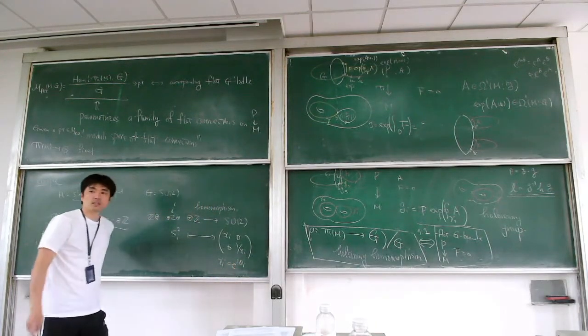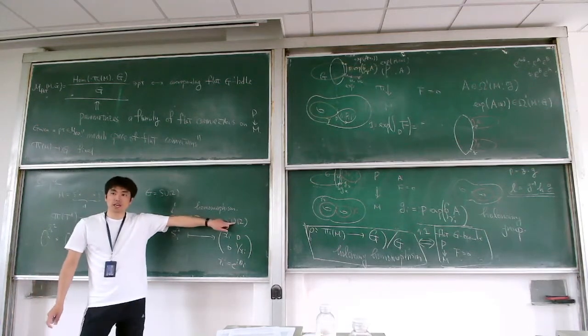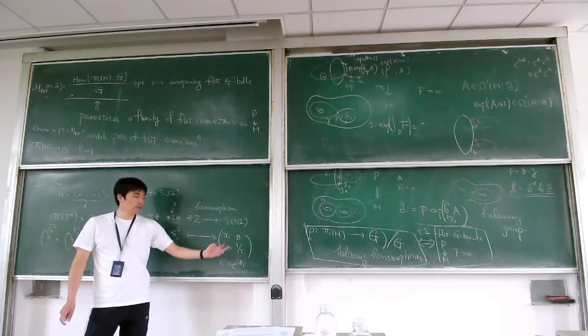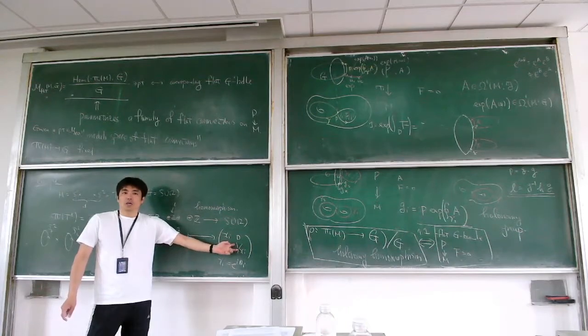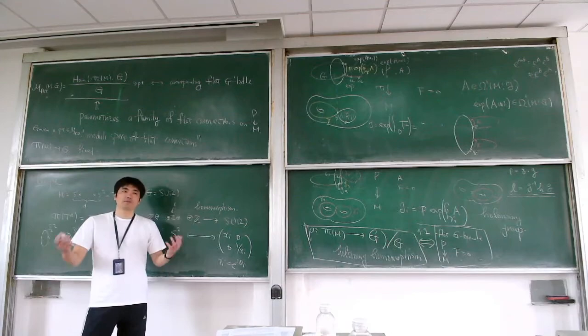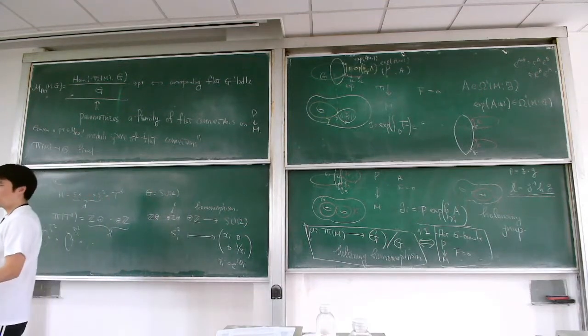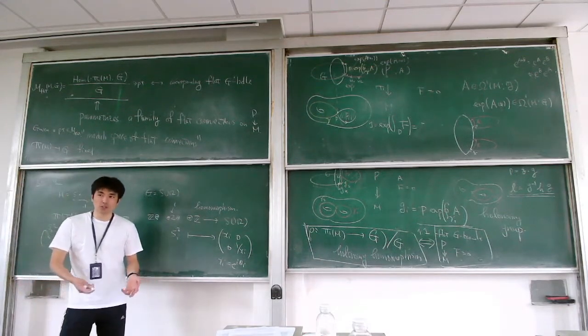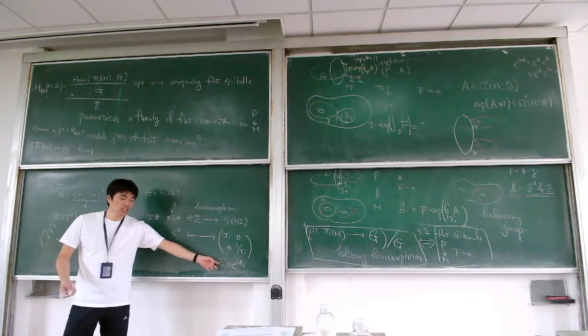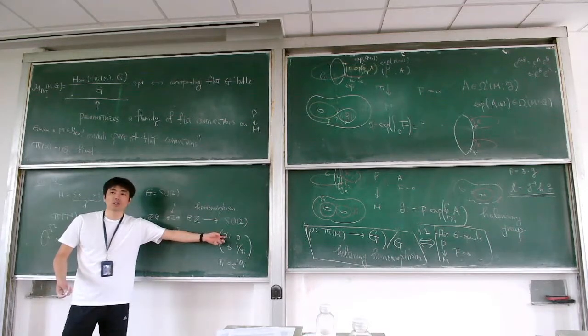Since it's in SU2, the determinant has to be 1, and if you take the complex conjugate and multiply, you should get 1. Therefore xi has to be U1 valued.